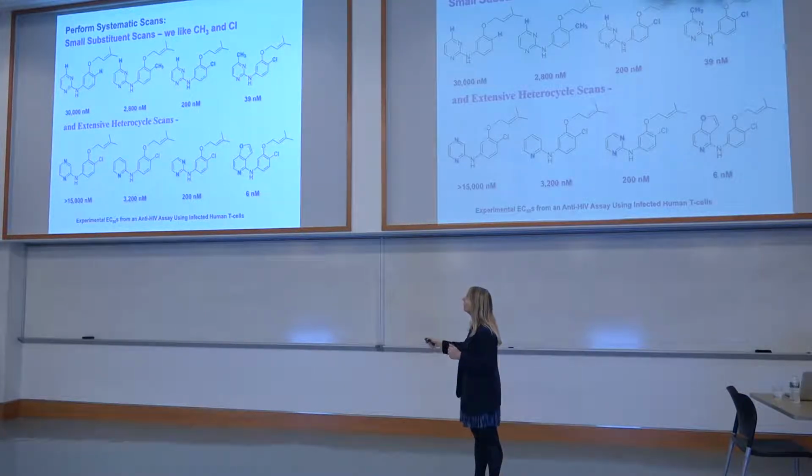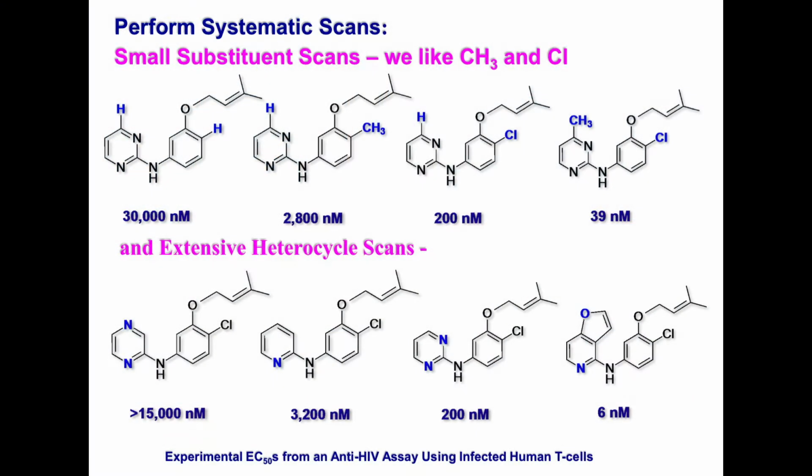Another example here where we take a heterocycle, we actually change even the positions of the nitrogen in the heterocycle, and we go from 15 micromolar to 200 nanomolar, and then further by putting a furan moiety on here, we go down to 6 nanomolar.